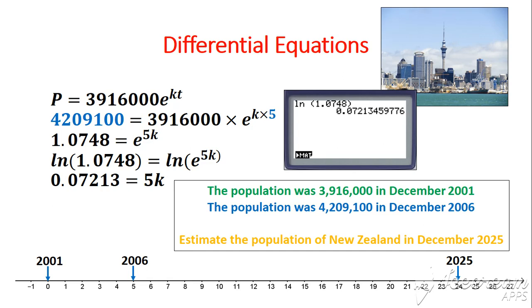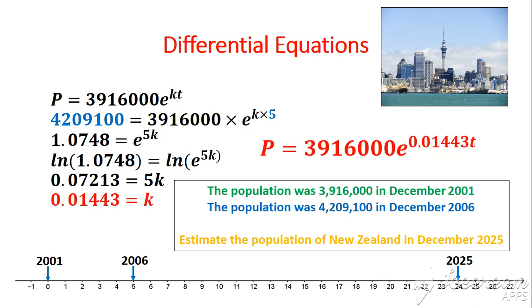And when we take the natural log of this special number e, we just get 1. So that leaves us with 5k. Dividing both sides by 5, we end up with k is equal to 0.01443. Now I've rounded that to about 4 significant figures. Try and round it to at least 4 to be accurate. You will usually find k to be a very small decimal in these kind of problems.